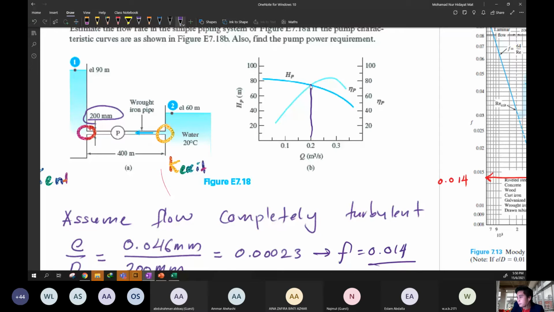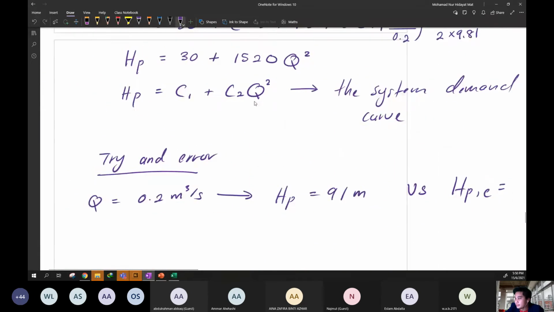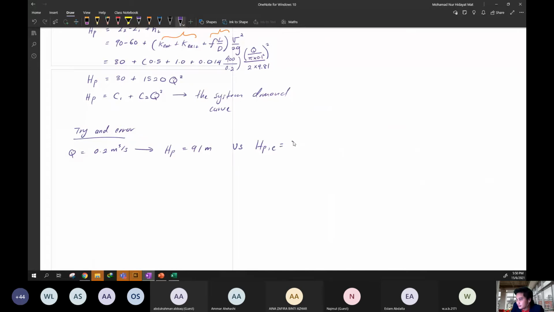This is 60, this is 70, 75 meter. So is it accurate? It is not accurate.